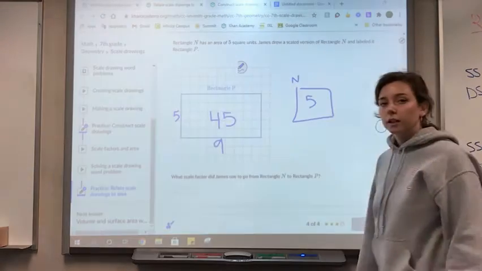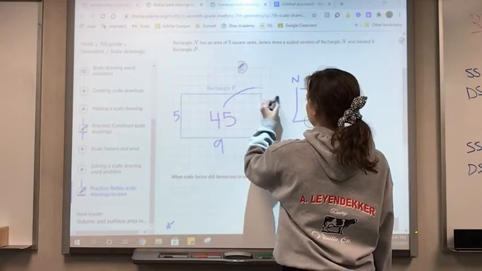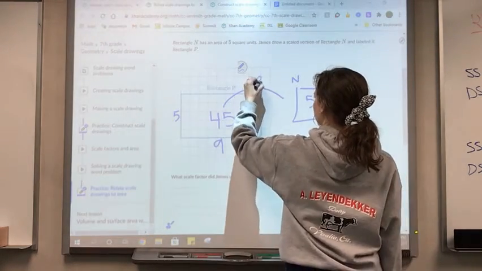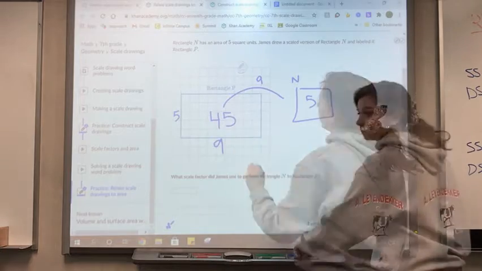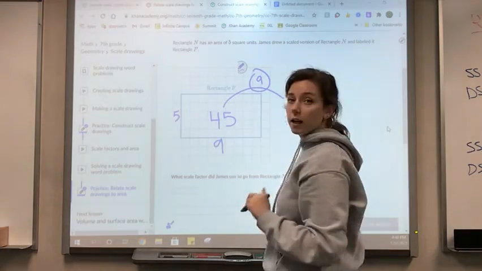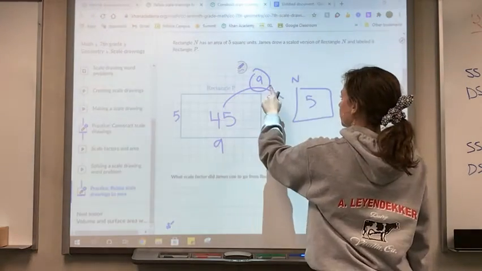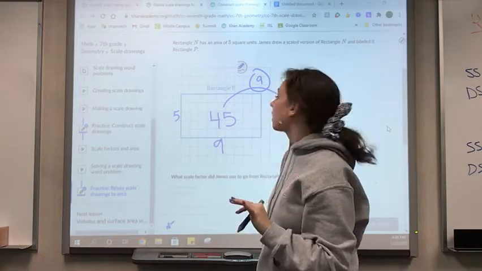All right, so then to find our scale factor, we know that we can divide. So 45 divided by 5 gives us 9. So we are multiplying 5 by 9 to get 45. So we might think that our scale factor is 9, but the scale factor you actually multiply by twice, right? So if we did 5 times 9, it would give us 45, and if we multiplied it by 9 again, that would be much greater than 45.